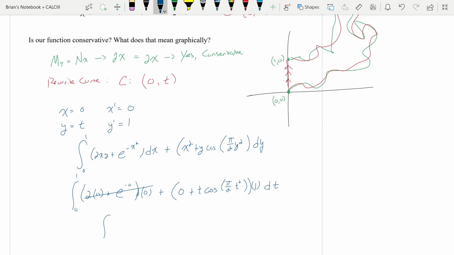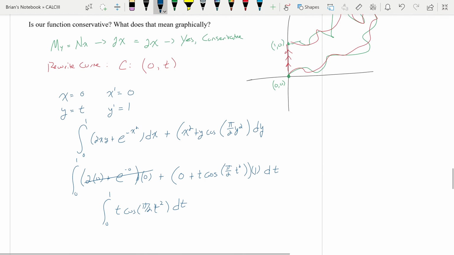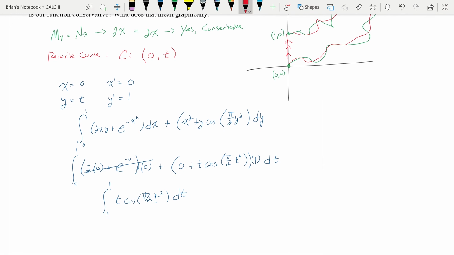So this integral turns into the integral from 0 to 1 of t cosine of pi halves t squared dt. To solve this, we'll probably need a little bit of u substitution. Let u equal pi over 2 t squared.